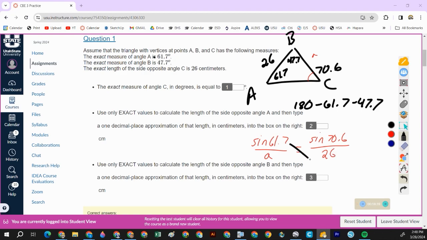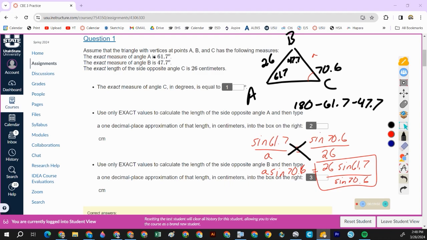And then we cross multiply: A sine of 70.6 equals 26 times the sine of 61.7, divide by the sine of 70.6, and just plug that in your calculator. Make sure your calculator is in degrees, and that would be it.